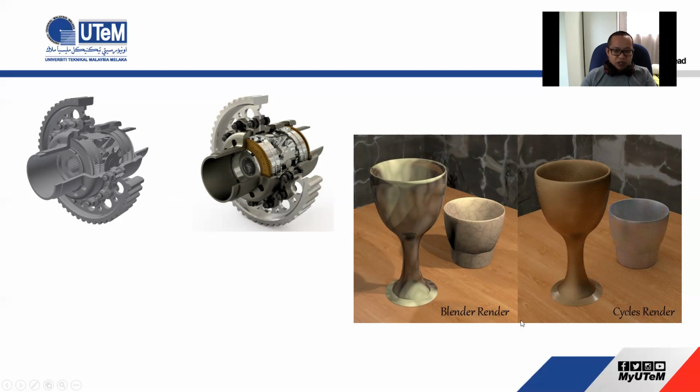This is a Blender render, and this is a Cycles render, where lighting is already inside the object, and this one is without lighting. It will give you different impressions if you use a different type of render.